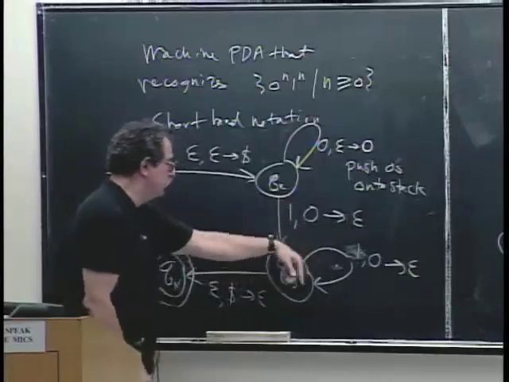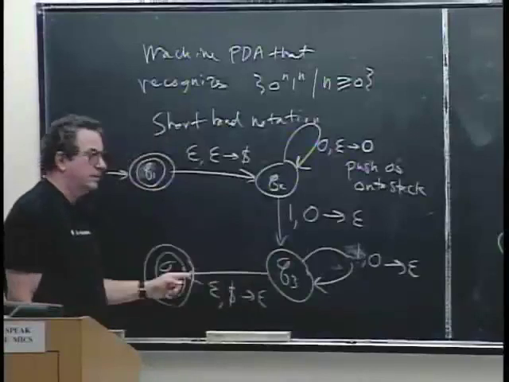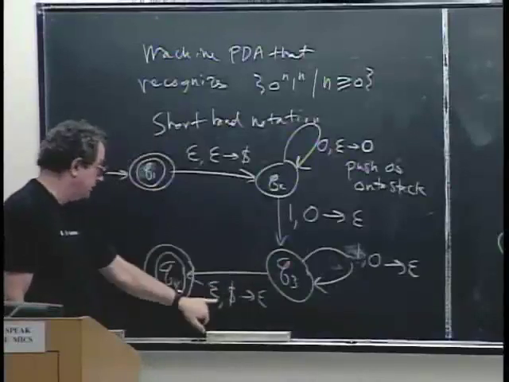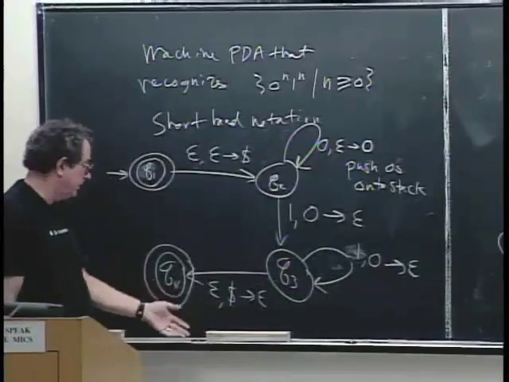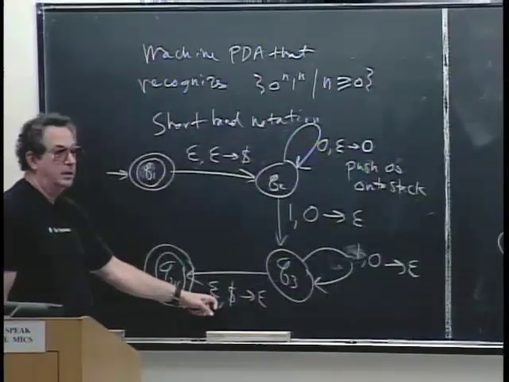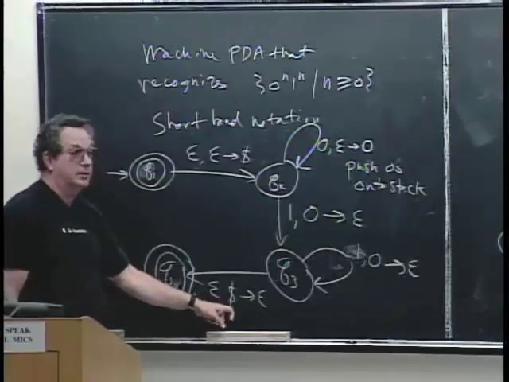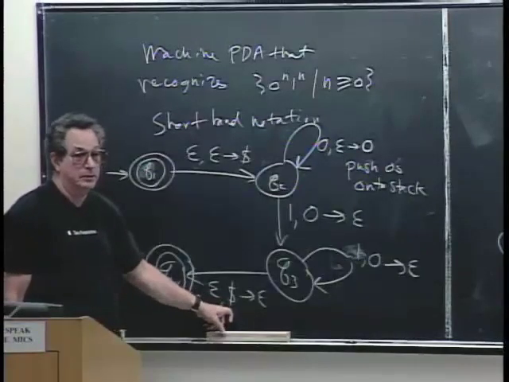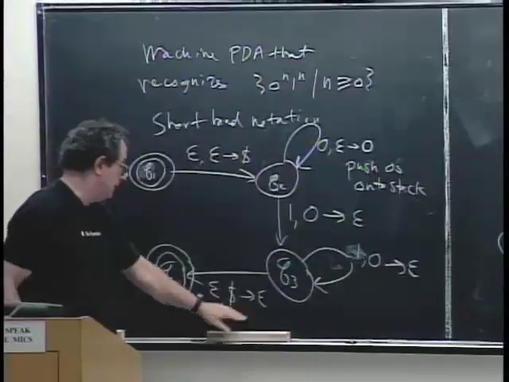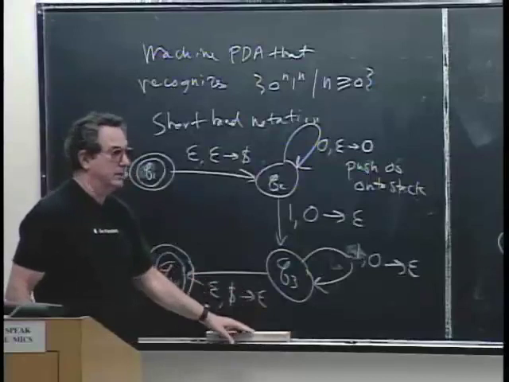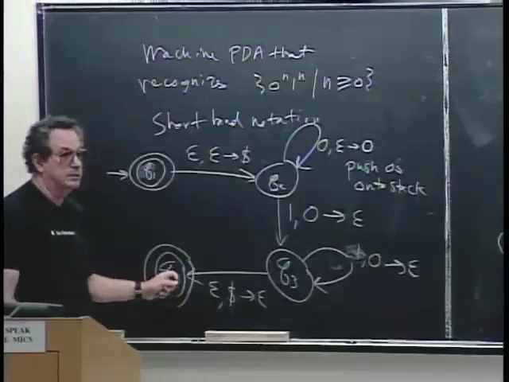It can do this as long as this is still working, but it can also decide, like an NFA, to go over here because this is an epsilon on the input. So it can decide, well, I'll do nothing. I won't look at the input, but I'll check that the top of the stack is the $ sign. That is, this is checking whether or not the stack is empty. And then I write nothing onto the stack. And I accept. I'm in the accept state.